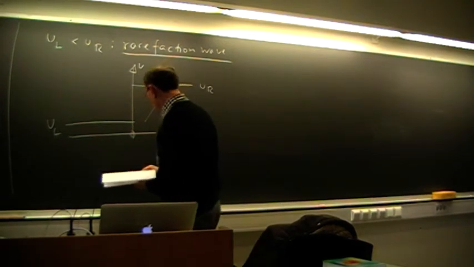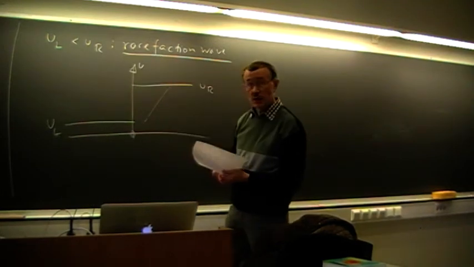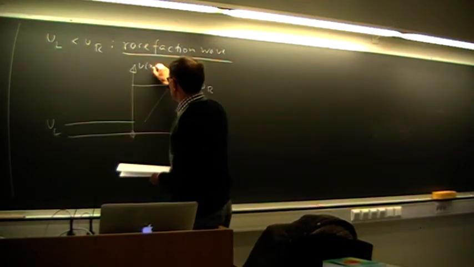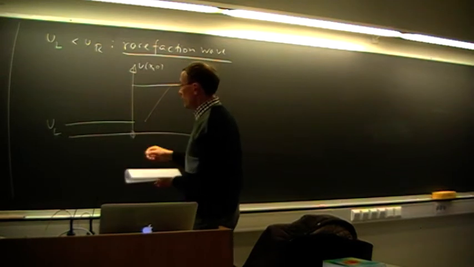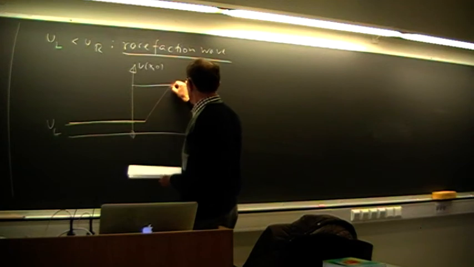So the solution after that time will be, again, this is what we have here as the initial condition, but what we get after time t is this rarefaction wave.